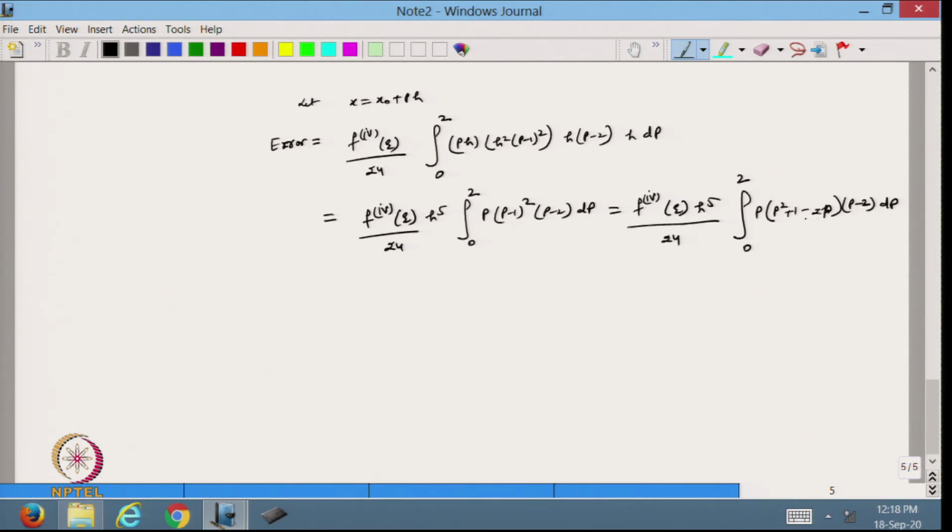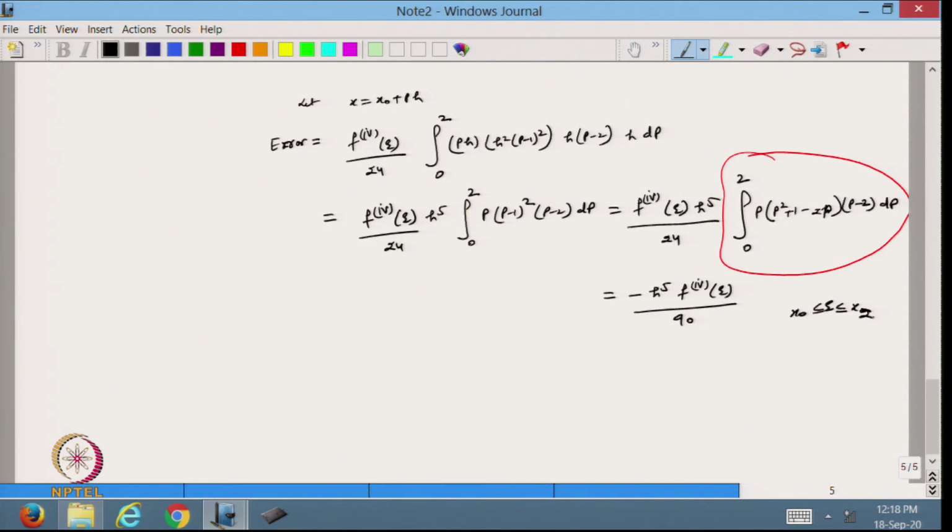If you do the calculation for this integration, you will get the value. This will come out as minus h raised to power 5 by 90, where xi lies between x0 and x2.